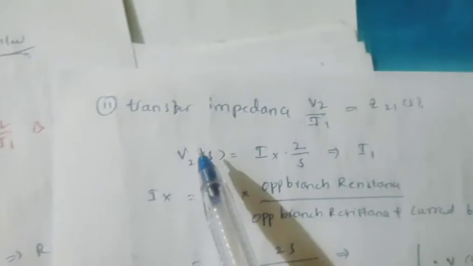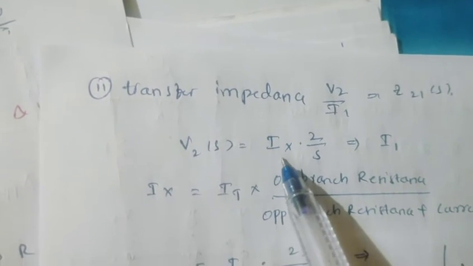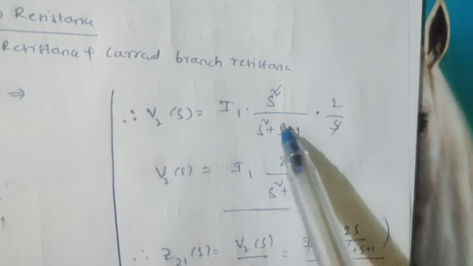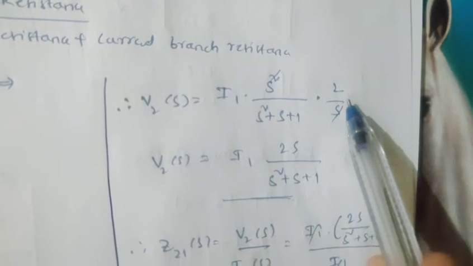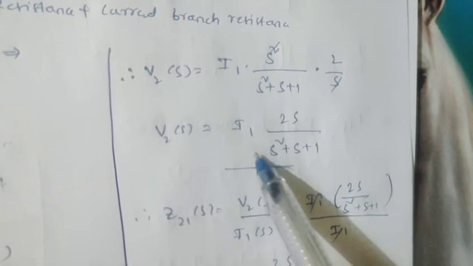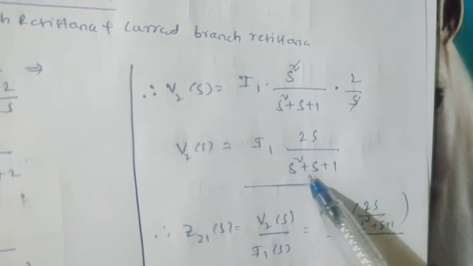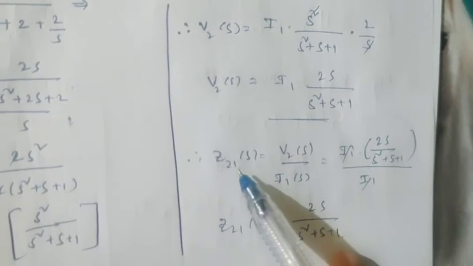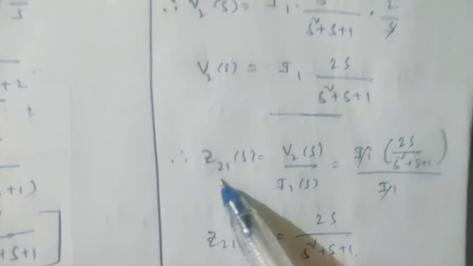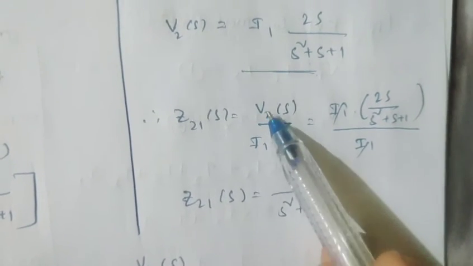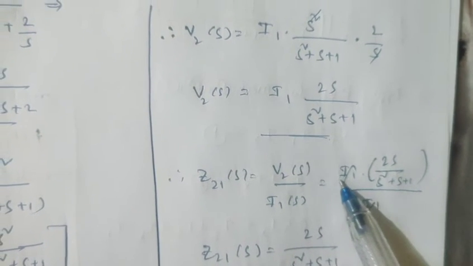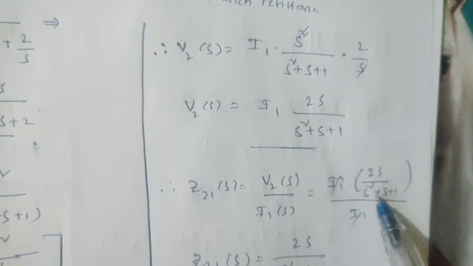Now we have to find V2 of S, which is this intermediate current into 2 by S. Simply substitute Ix here. So V2 of S is equal to I1 into 2S by S square plus S plus 1.